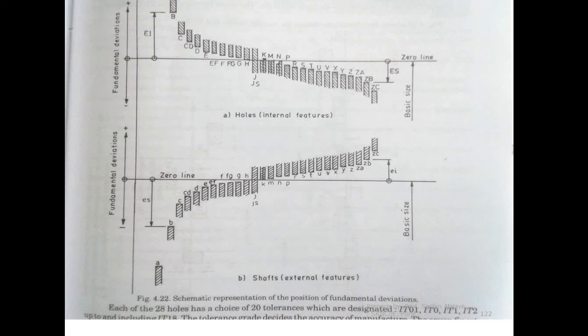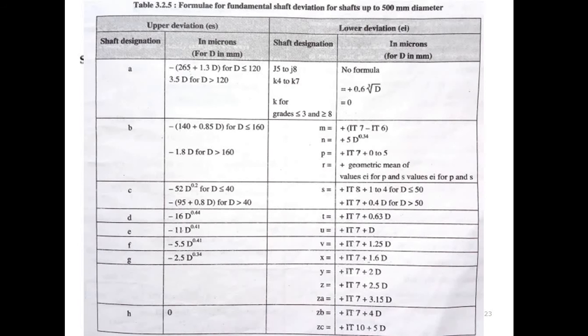That's why they have positive value. Whatever is above this zero line is positive. If the fundamental deviations are below the basic size or below this zero line, that is going to be negative. That's why M to ZC is a positive value. You can see it everywhere.